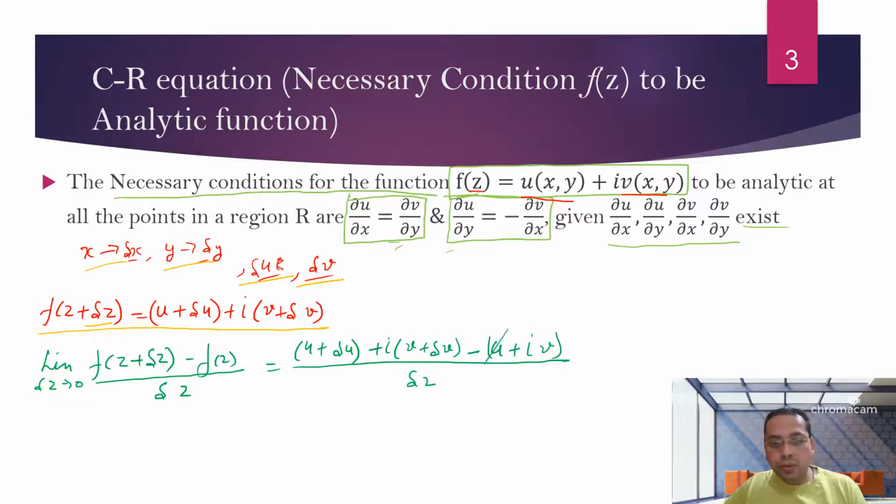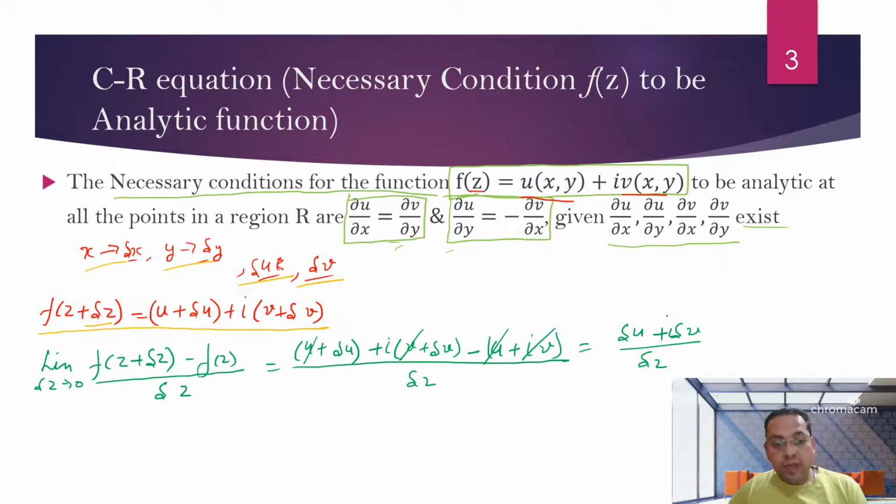So u is cancelled. Similarly, iota v is cancelled. What we have is delta u plus iota delta v over delta z.